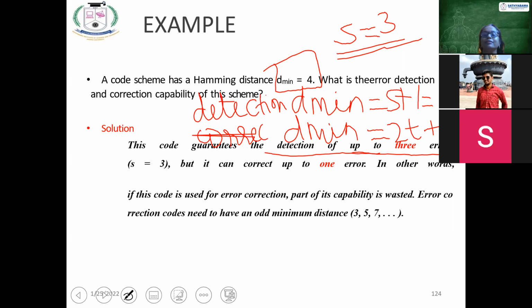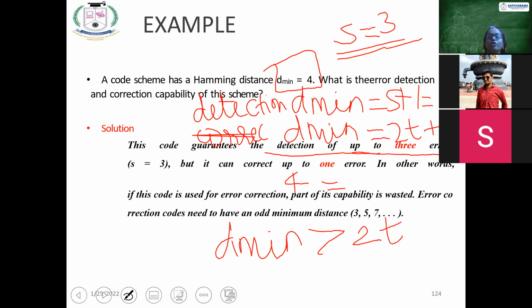So tell me what is my D minimum value? 4. 4 equal to 2t plus 1. And one more condition we have written, that D minimum should always be greater than 2t. Am I correct or not? So my D minimum value is 4 now.